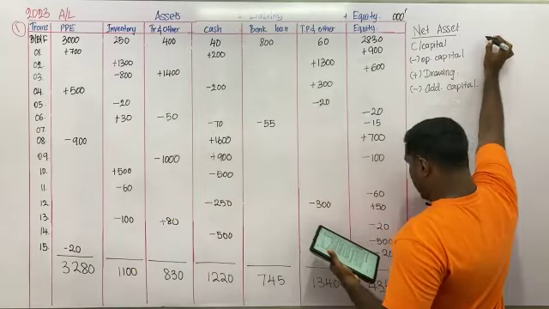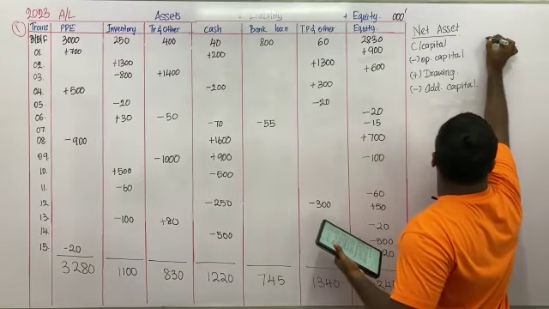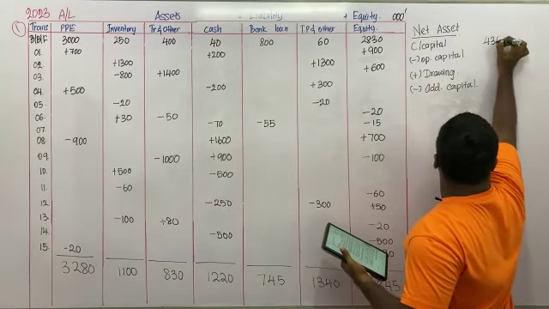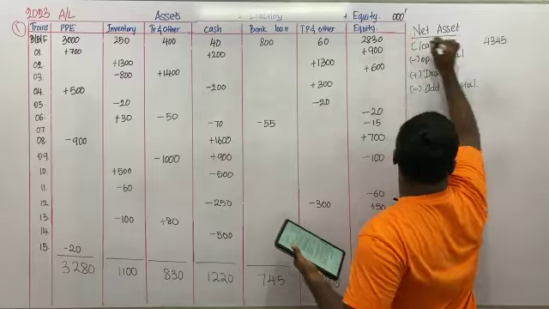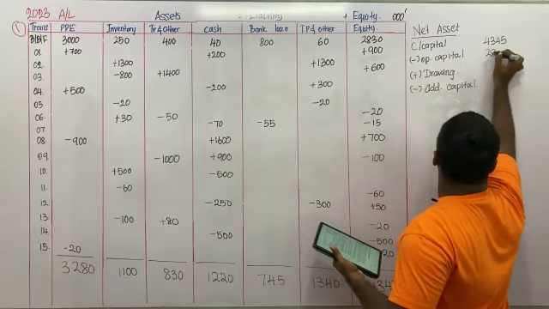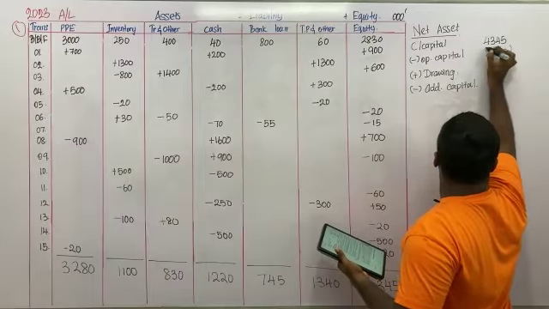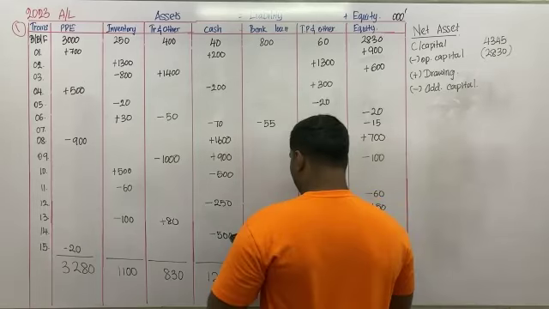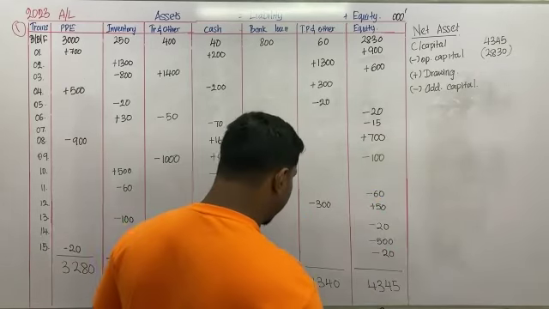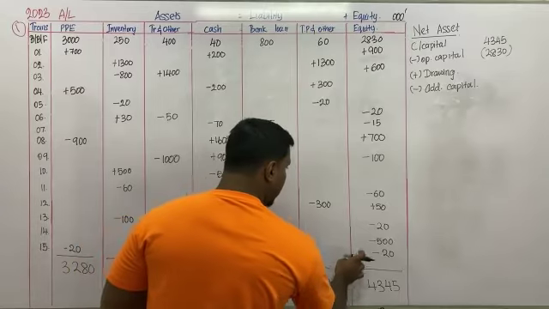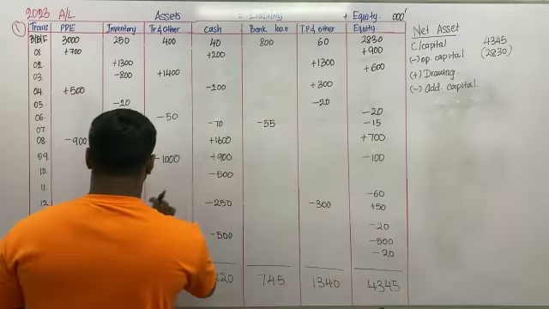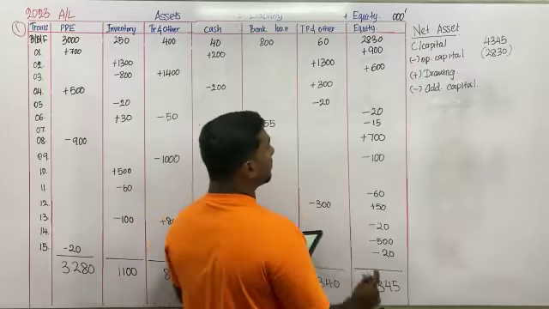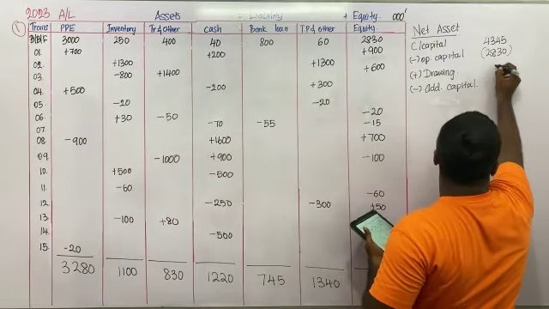So we know the closing capital. Closing capital is how much? 4,345. Opening capital we know, 2,830. How much drawings is there? Drawings, yes, this is drawings 60, plus 60.